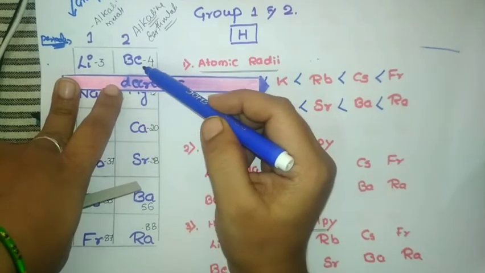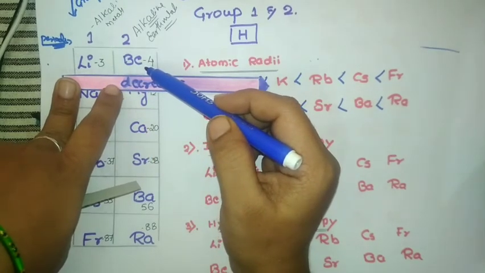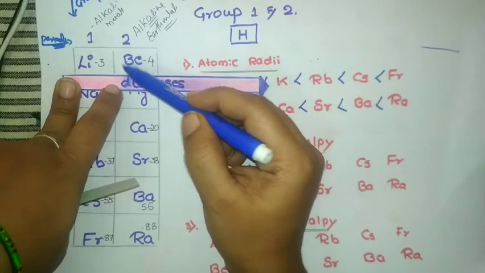Compared to lithium and beryllium, the one with the smaller atomic radii is beryllium.